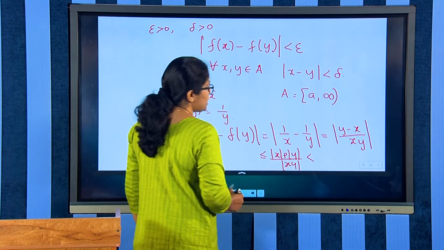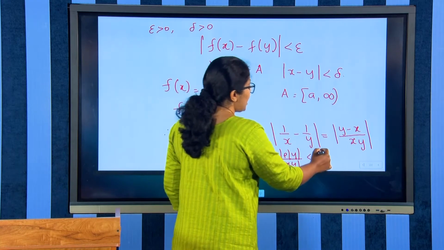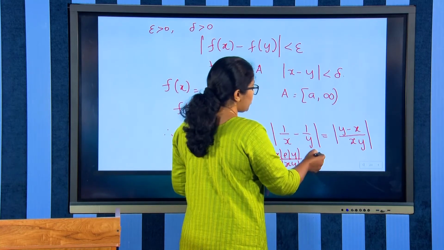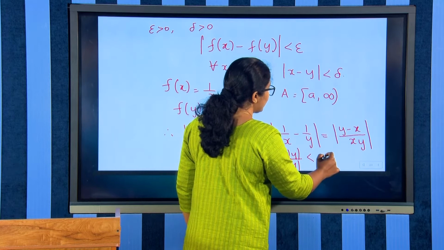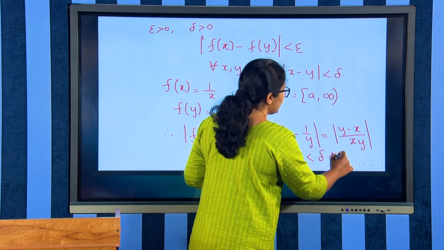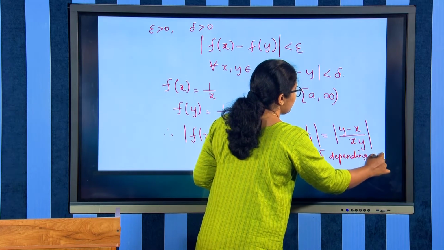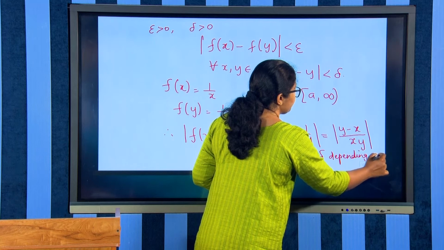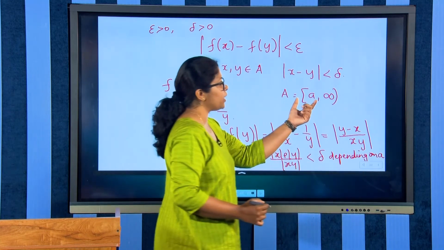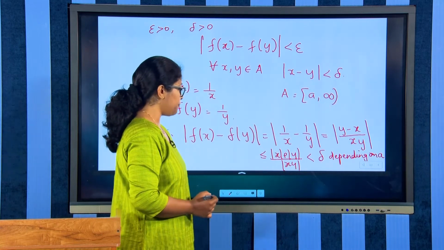So, that is strictly less than modulus of a plus modulus of a, and that is less than twice modulus of a, and so we can have a particular delta depending on a, because we are having x and y values from a to infinity.